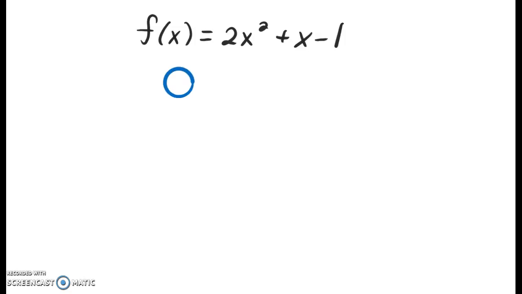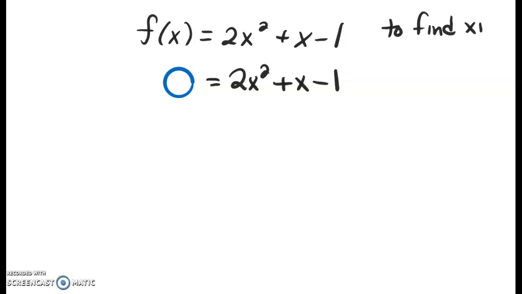Remember, f of x can be replaced with y. You plug in 0 for the output, and then you solve for x. So I'm going to write that down. To find the x-intercept, let y equal 0, or the output, the f of x is the output, and then solve for x.